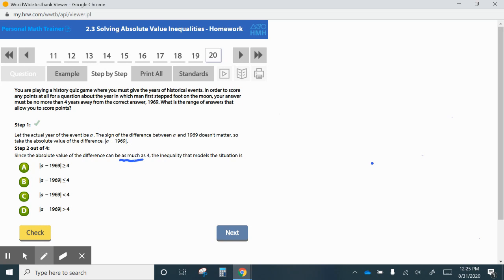So that means, let me go back to the original problem. It says here no more than 4. Okay, so it cannot be 4, so it has to be less than.